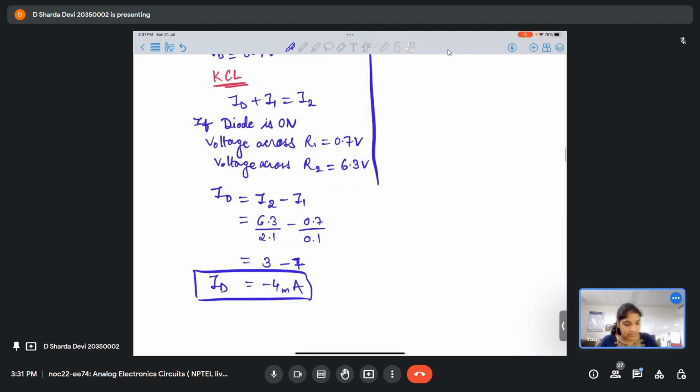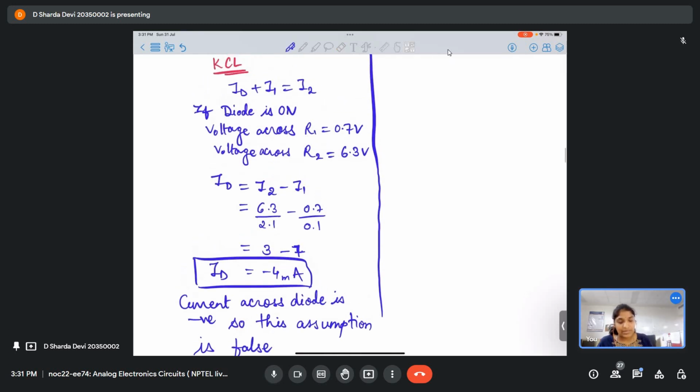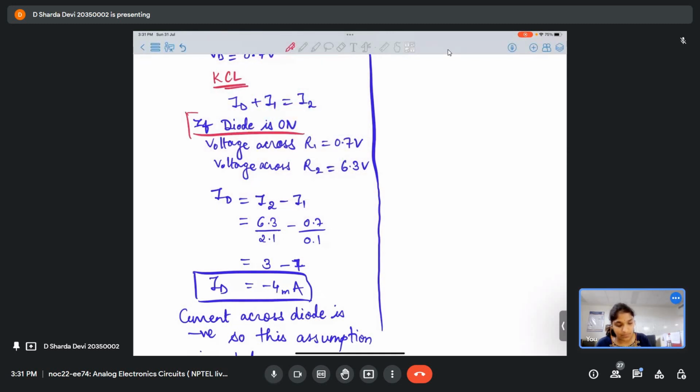Now since the current across the diode is negative, this assumption is false. What is the assumption that we have taken? That the diode is on, right?